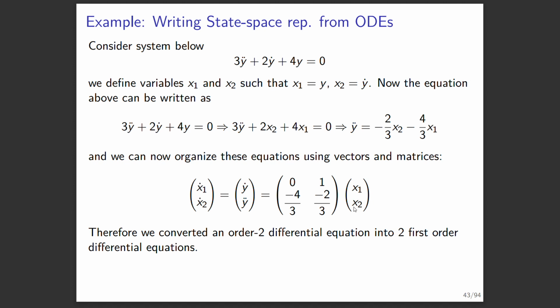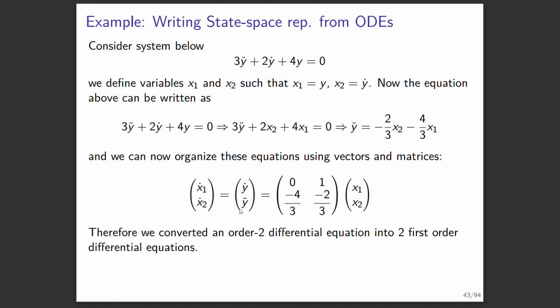So remember, in matrix vector multiplication, you take the first row of the matrix, multiply it element-wise to your vector, so 0 times x1 plus 1 times x2, that's going to be your element on the left-hand side. Then you go to the second row, you're going to have negative 4/3 x1 plus negative 2/3 x2 is y double dot. So that's how matrix vector multiplication works.